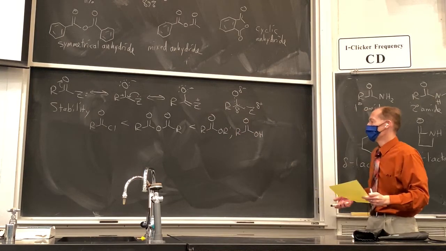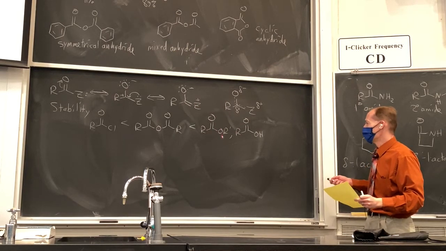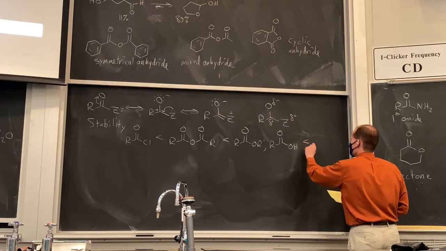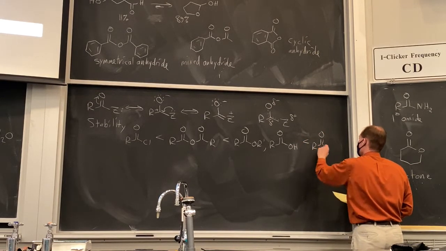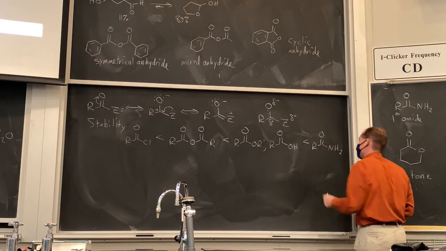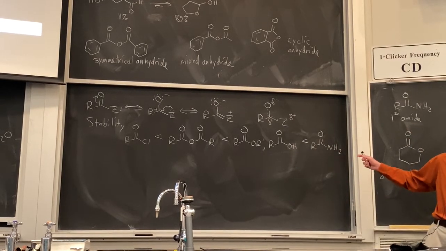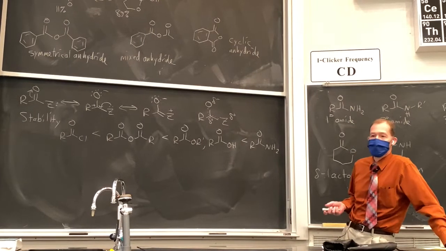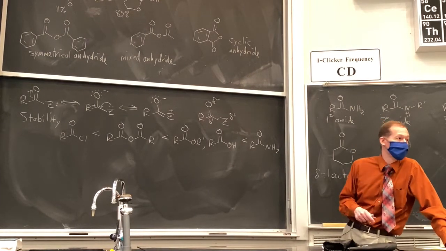Both of these compounds have oxygens donating to the carbonyl carbon. And then our most stable, least reactive derivative is going to be the amide, because that nitrogen is the most basic of our Z groups attached to a carbonyl carbon.